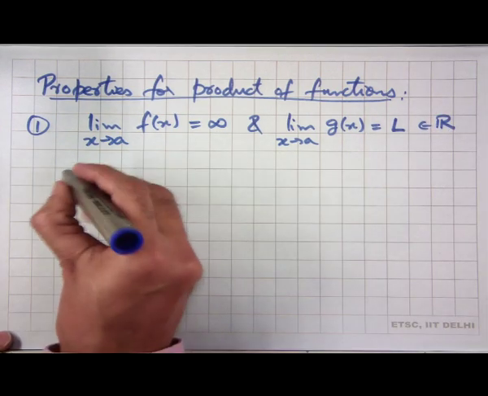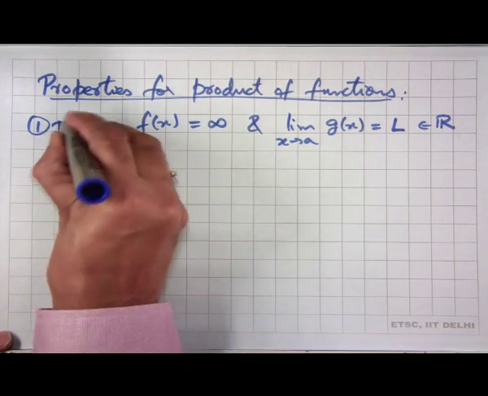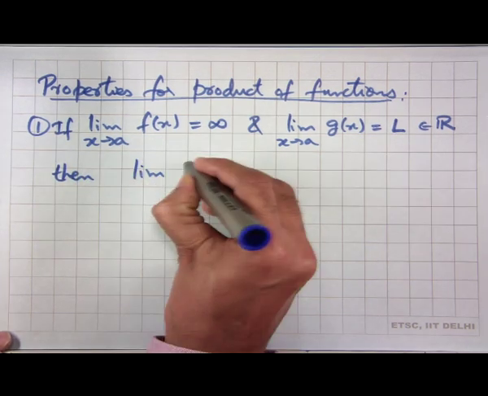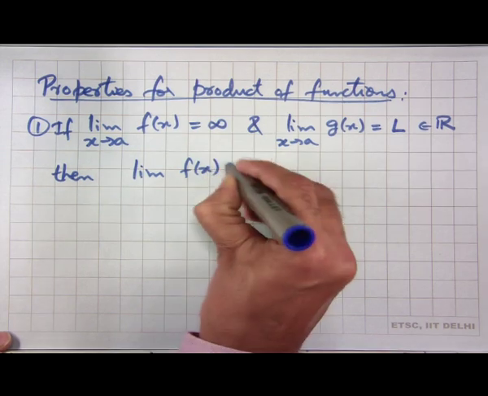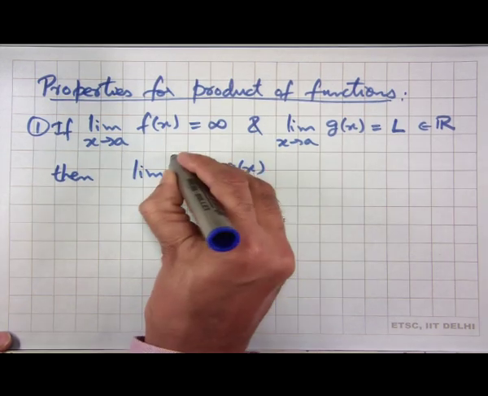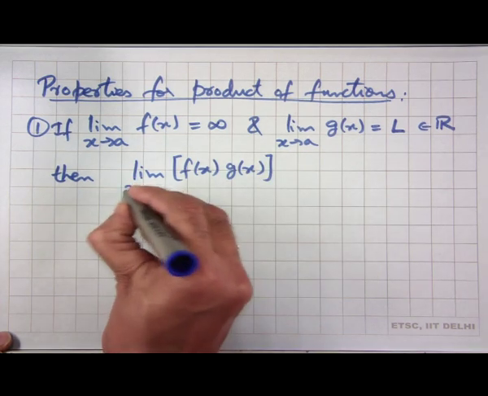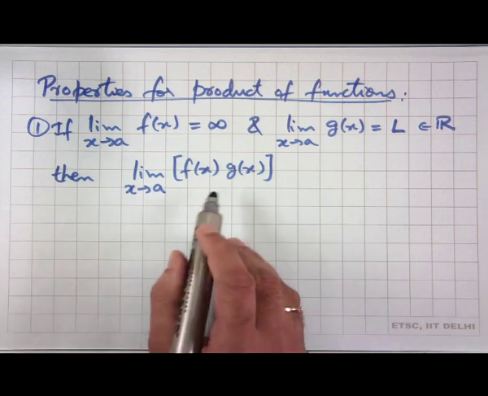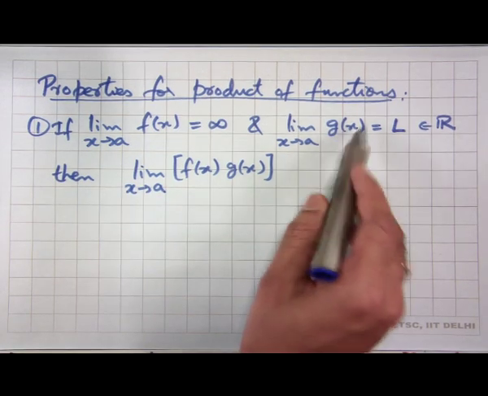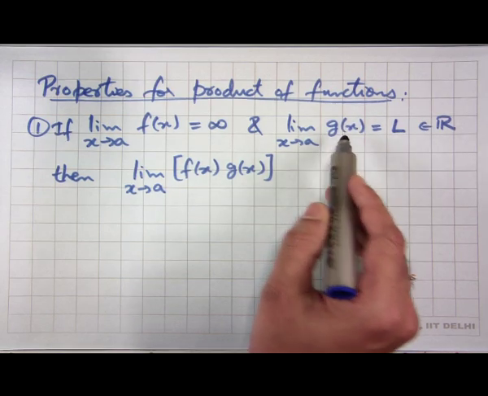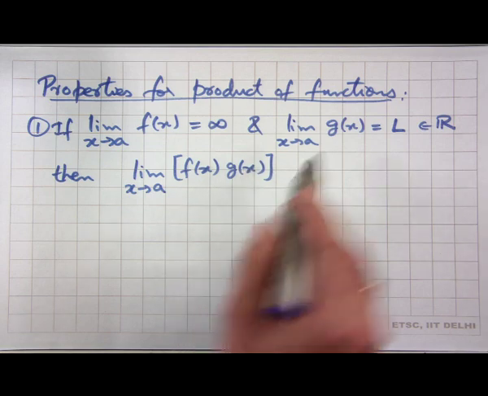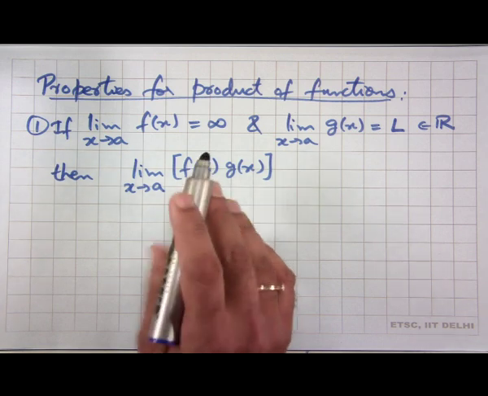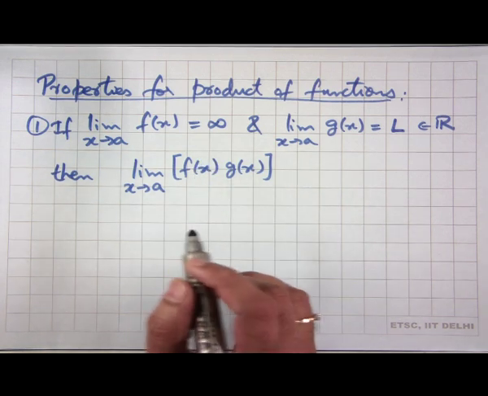Then what can I say about the limit of f(x) times g(x)? We have seen a special case of this where g(x) is just a constant. Then we saw that it depends on the sign of the constant whether the limit is equal to positive infinity, minus infinity or 0.